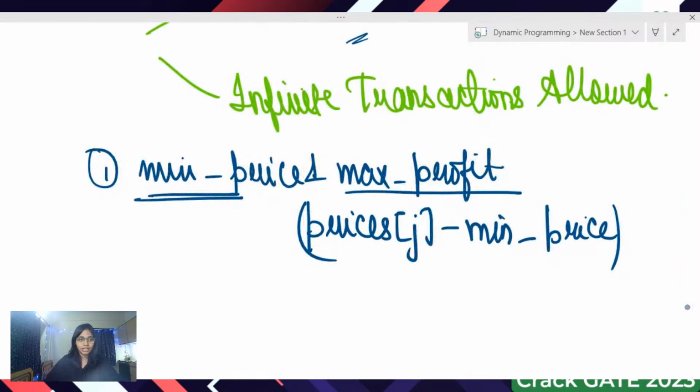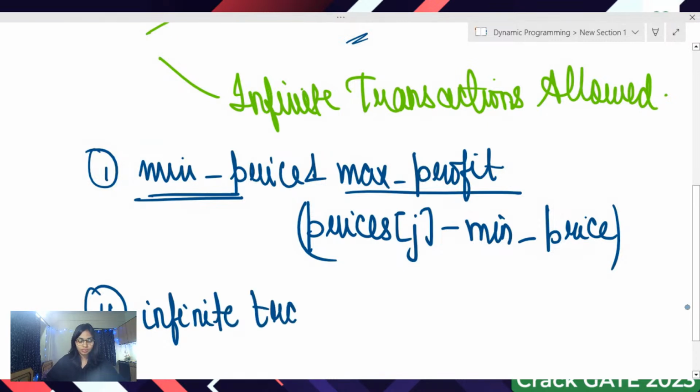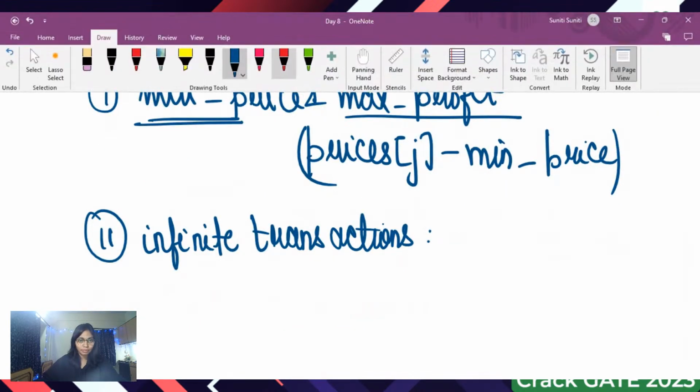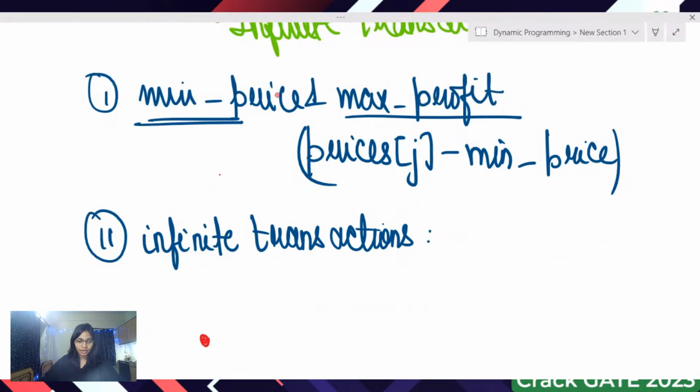Now for infinite transactions, we were basically looking for the local maxima and local minima. Let us say our array was forming a graph like this.